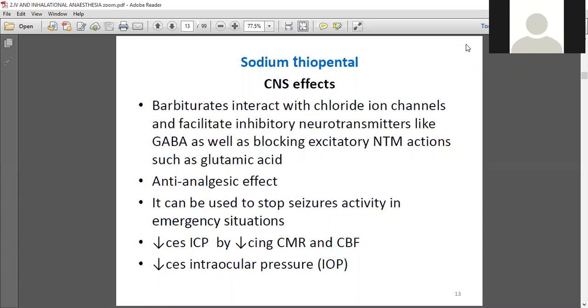So the CNS effects of sodium thiopental: barbiturates interact with chloride ion channels and facilitate inhibitory neurotransmitters like GABA, as well as blocking excitatory neurotransmitter actions such as glutamic acid. I tried to read more about the mechanism of action.